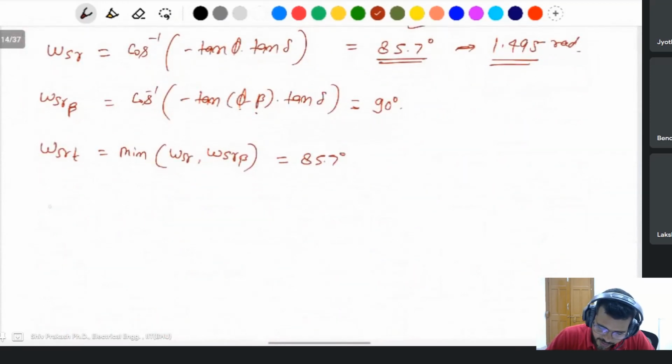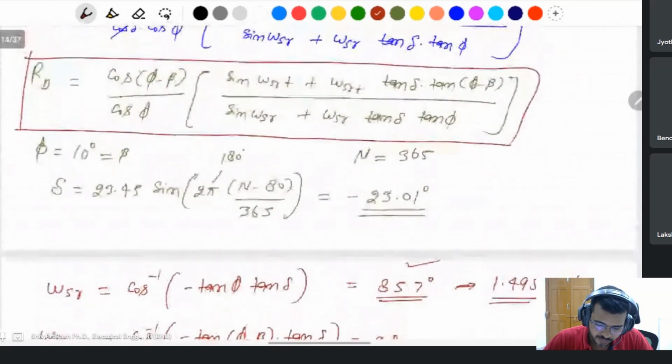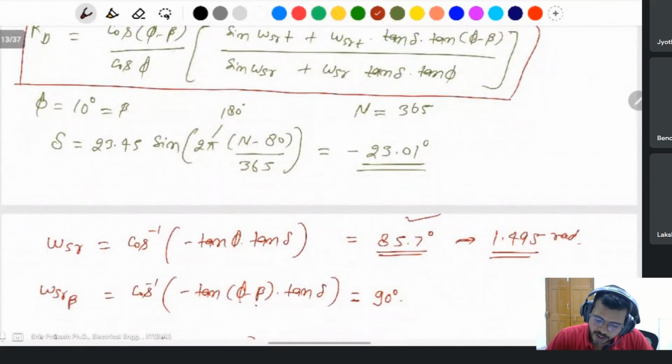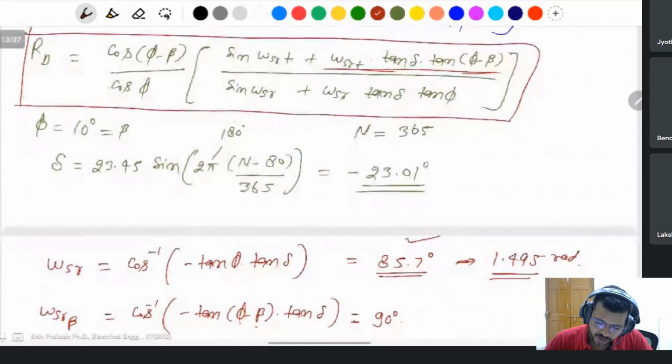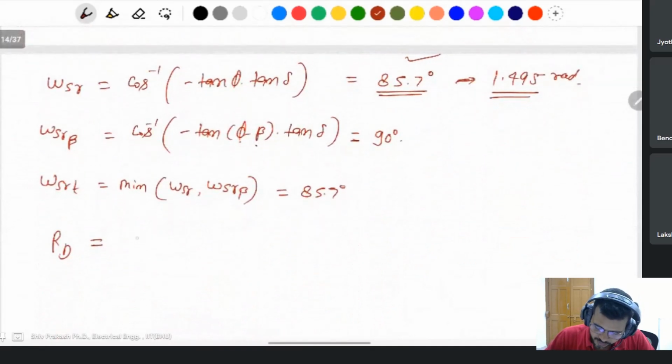Then calculate the RD value. Cos phi minus beta is 0, and cos 0 means 1, since phi and beta are the same. All the other parts are 0. Cos phi is cos 10, so this will be cos 0 divided by cos 10.